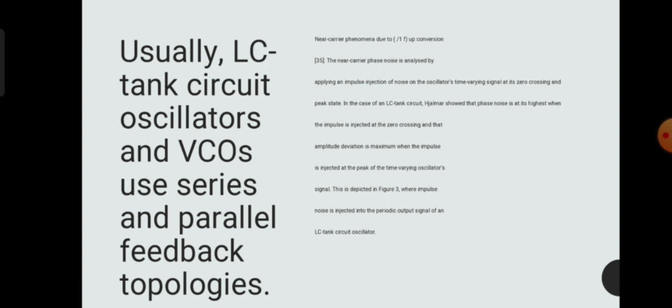In the case of an LC tank circuit, it was shown that phase noise is at its highest when the impulse is injected at the zero crossing, and that amplitude deviation is maximum when the impulse is injected at the peak of the time varying oscillator signal. This is how noise is injected into the periodic output signal of an LC tank circuit oscillator.